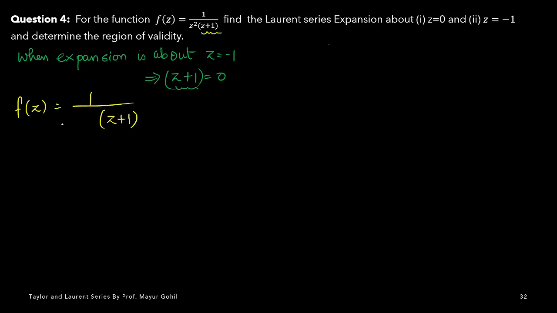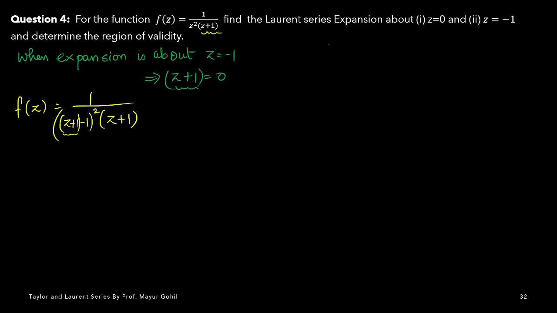So we will now write this as z plus 1 minus 1 the whole square. And now you see this z plus 1 which is there, you will have to treat this as one full part. You can't treat it as one number or one small chunk. You can't just cancel over there. You are treating it as one full part. Now what are the places where this denominator becomes 0?